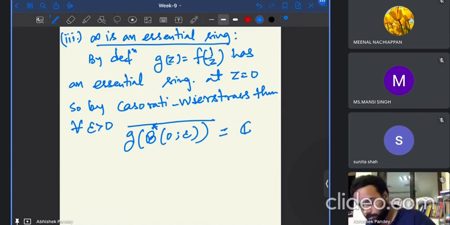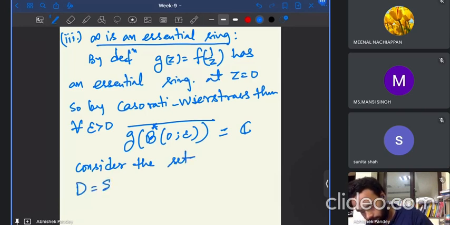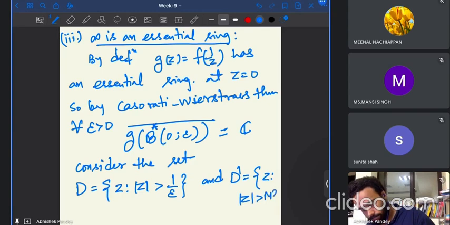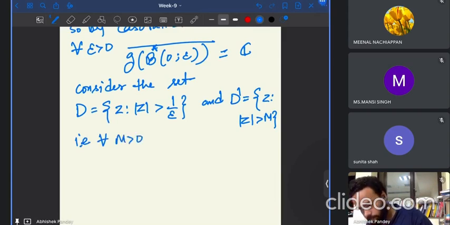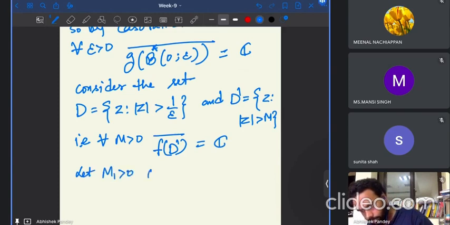Okay, so now consider the set. Let us say D is the set of z such that mod z is greater than epsilon, and D' is the set of z such that mod z is greater than M. So for every M greater than 0, f of D' is basically dense in C. Let M1 be greater than 0 and consider two sets.